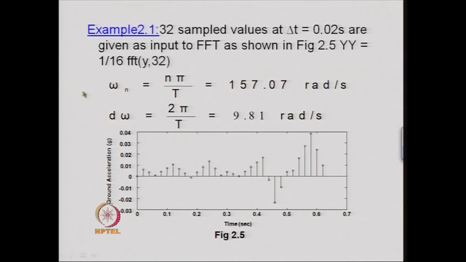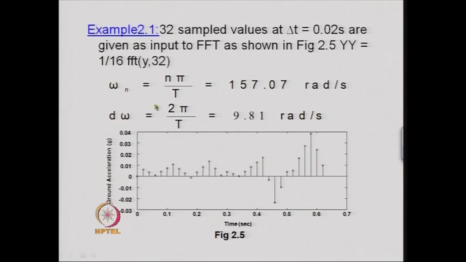The time duration is T, therefore the omega n value is equal to 157.07 radian per second, and d omega, that is the frequency interval, is equal to 9.81.